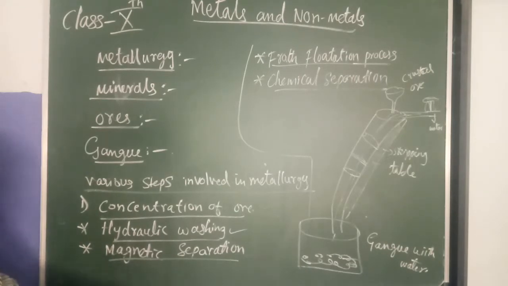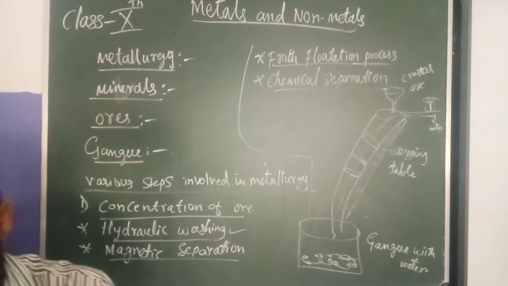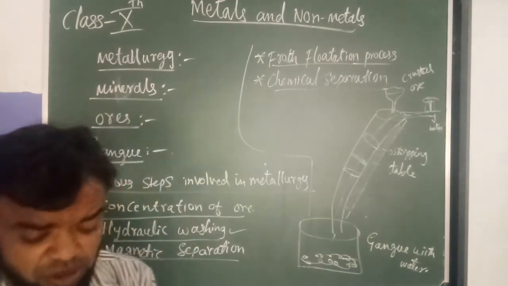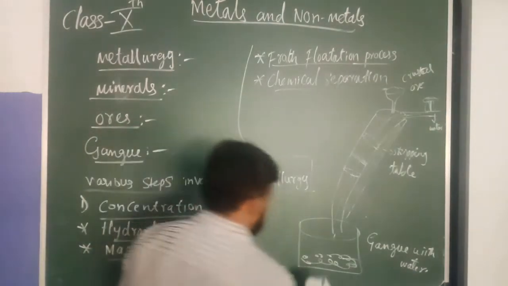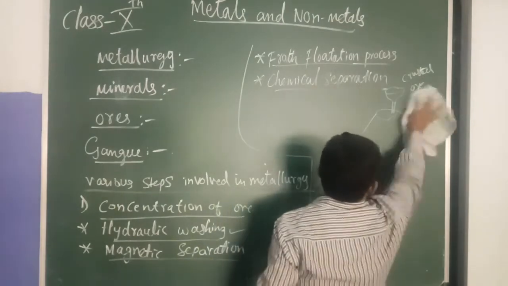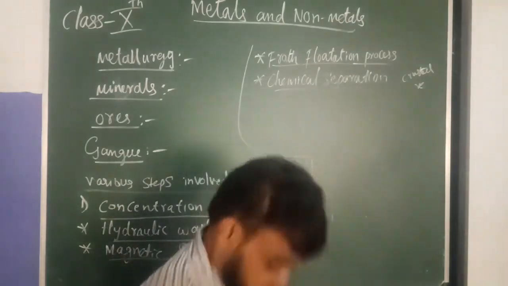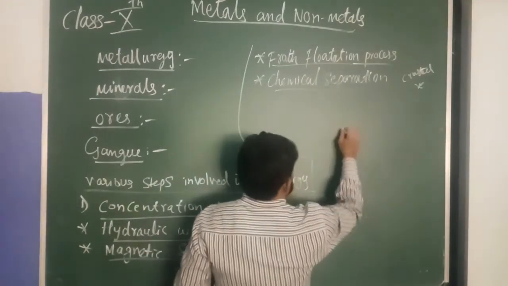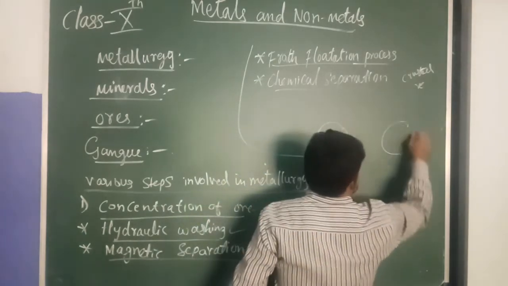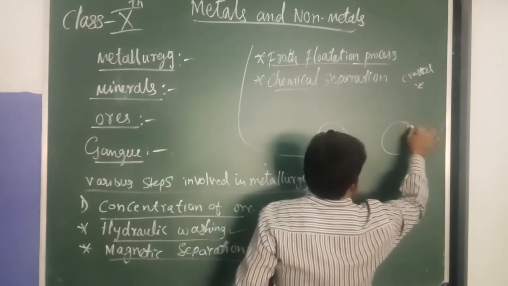Now I am going to explain magnetic separation. So magnetic separation, how does it come in? See here. These are two wheels and they are connected to the belt.